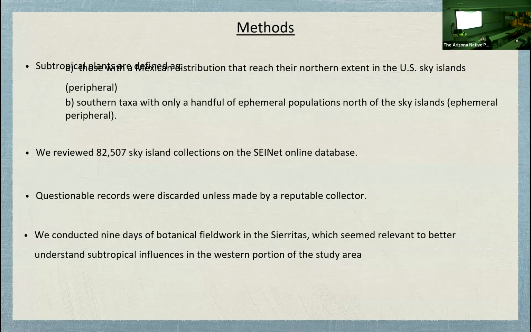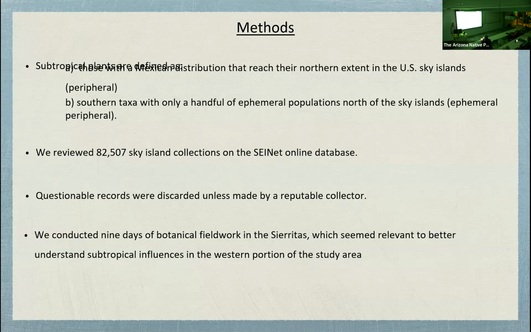It seemed at the time a little late, but it seemed a really good idea to go and try to collect as much in the Sierritas as possible to better understand the subtropical influences in that range, because with the Baboquivaris on one side, the Santa Ritas on the other side, and the Atascosas and Tumacacoris to the south, it was positioned in the perfect location in a warmer area.